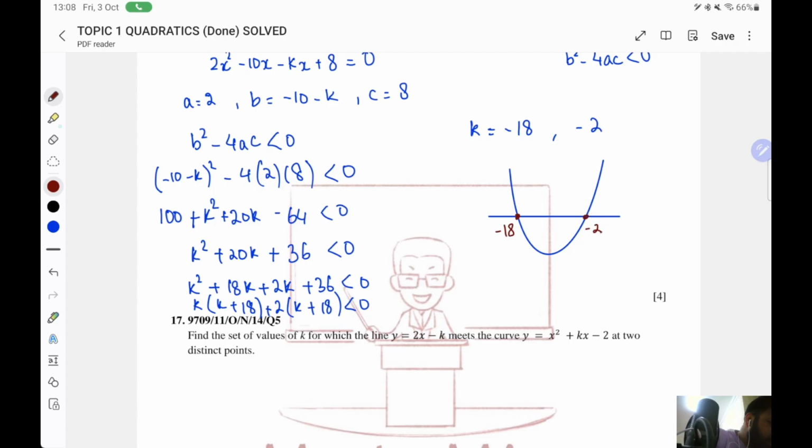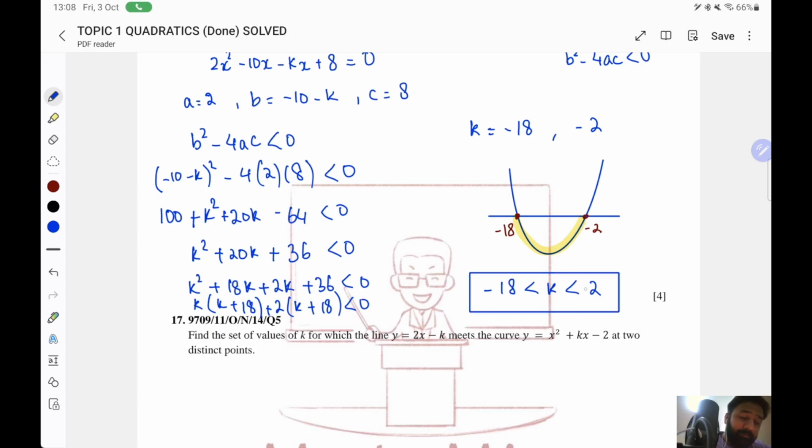It says less than 0. So since it says less than 0, it means this portion of the graph that I have highlighted in yellow, which means all the values between minus 18 and negative 2, are going to be the answer.